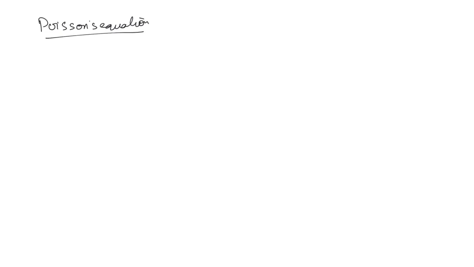Okay, so we know from Gauss's law that del dot D bar is equal to the charge density rho v. Now here D bar you can write as epsilon E bar.